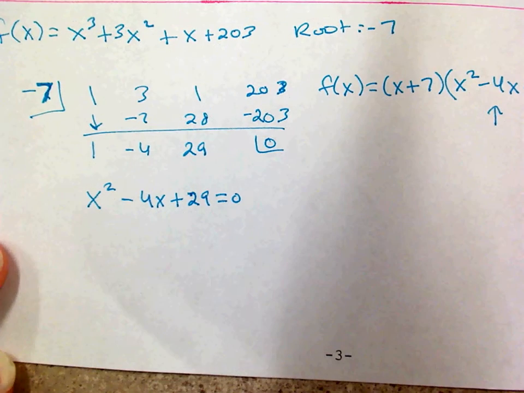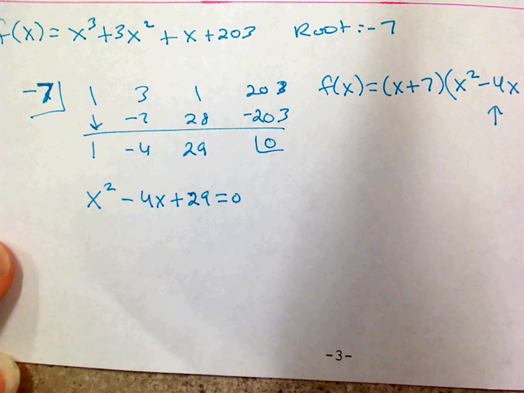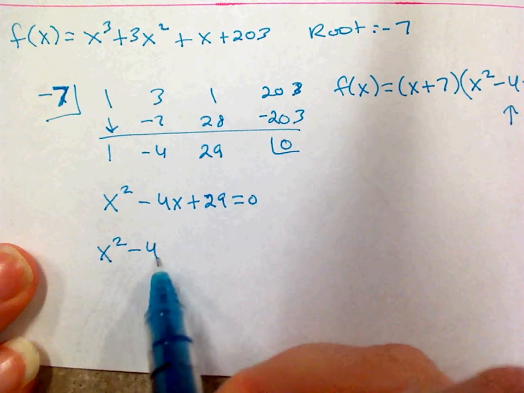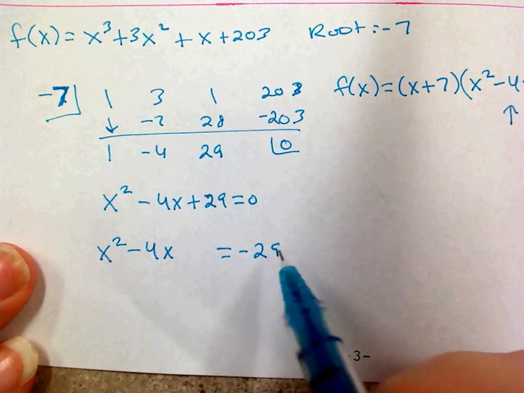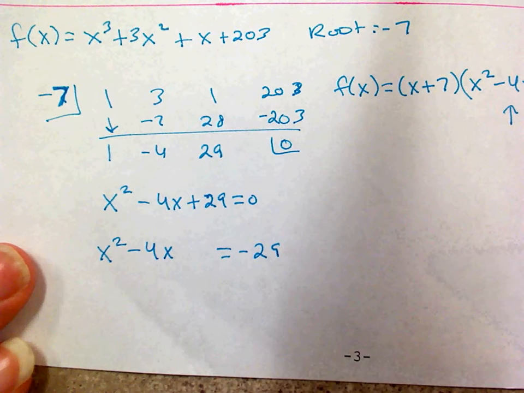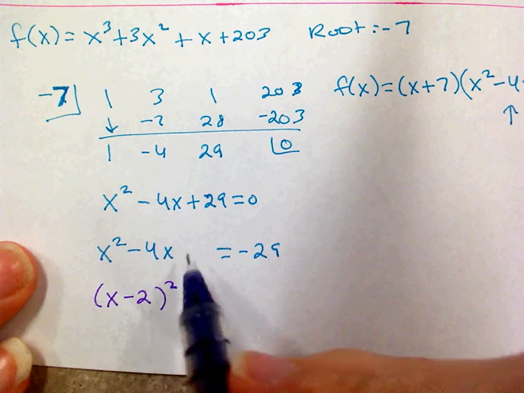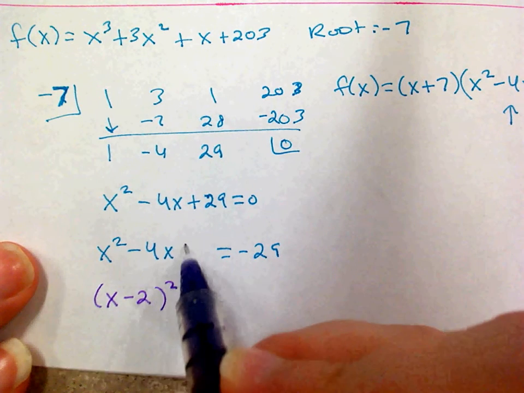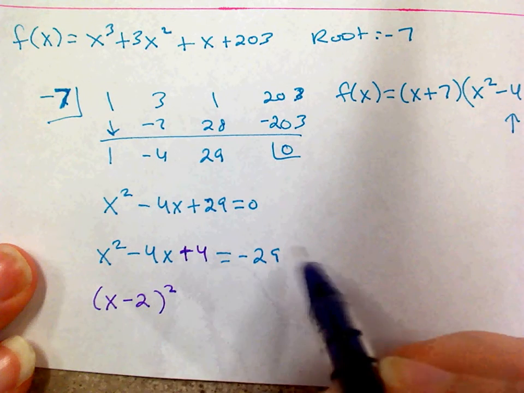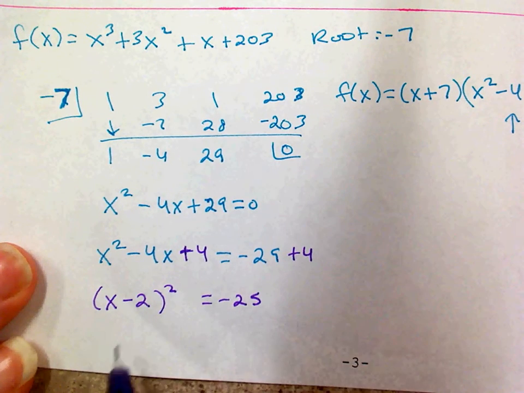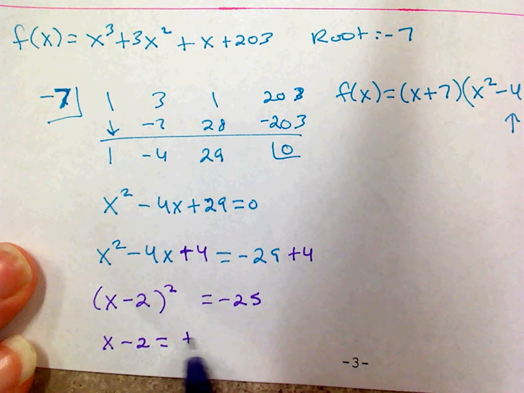I'll do that. So, completing the square says subtract the 29 over, and then divide this by 2. So x minus 2 quantity squared. If this is a 2, then this has to be a positive 4, so you square this, and whatever that squared is, you add it to both sides. This is a negative 25. So I take the square root, plus or minus the square root of negative 25 is 5i, and then I add 2.